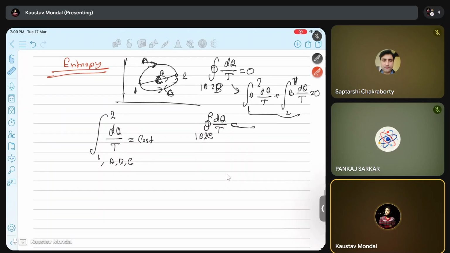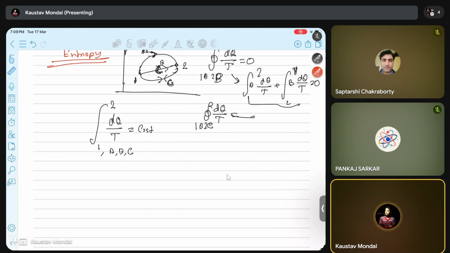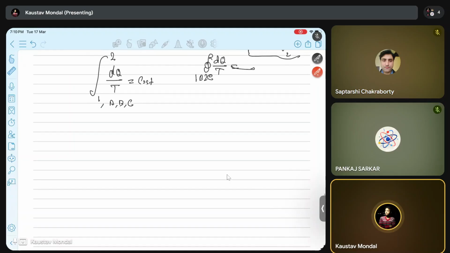That means there is some kind of state function, or state property of the system, that depends only on the initial and final state of the system. It doesn't depend on the path you took from initial to final. That state function we denote as the entropy.